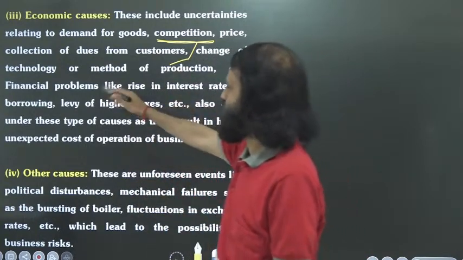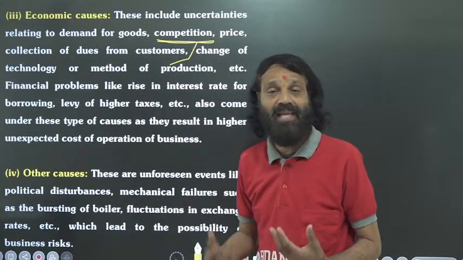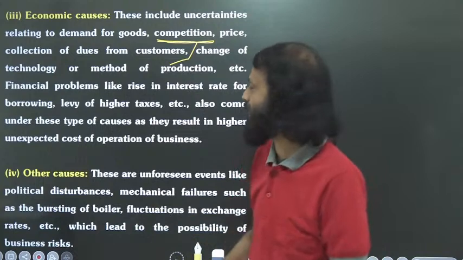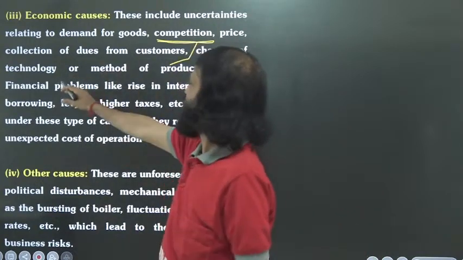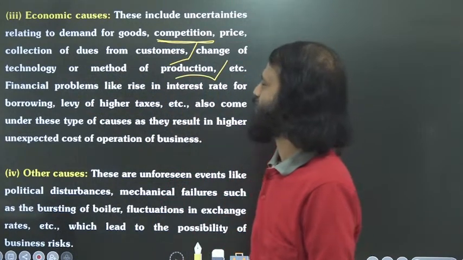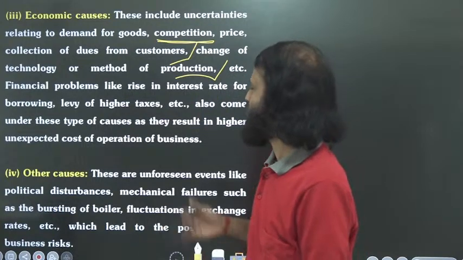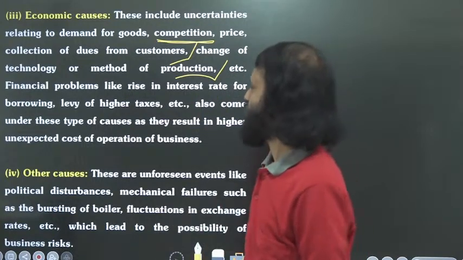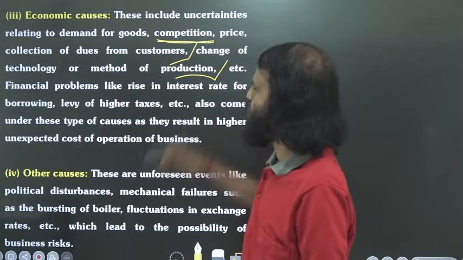Change of technology: the technology is changing, new highly finished products are coming in the market, and that can affect our business. The method of production will change when the technology changes, and that can also affect the business of an old business firm. Financial problems like a rise in interest rate for borrowing.